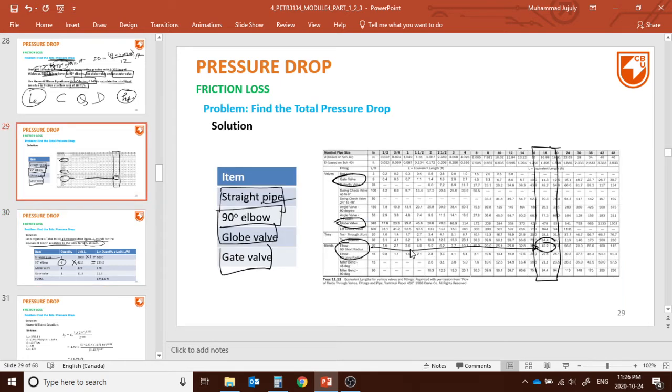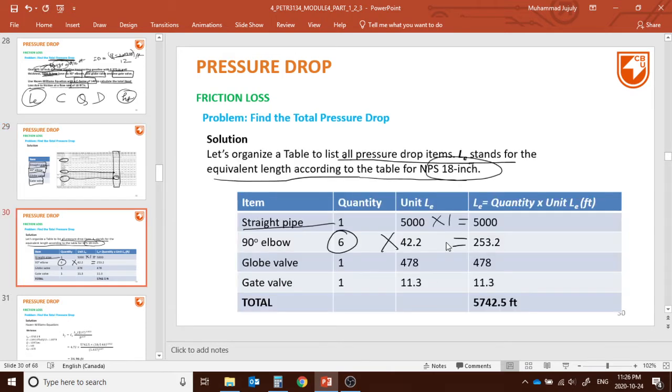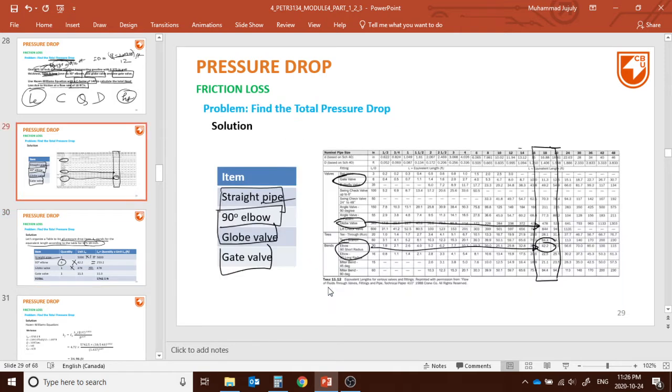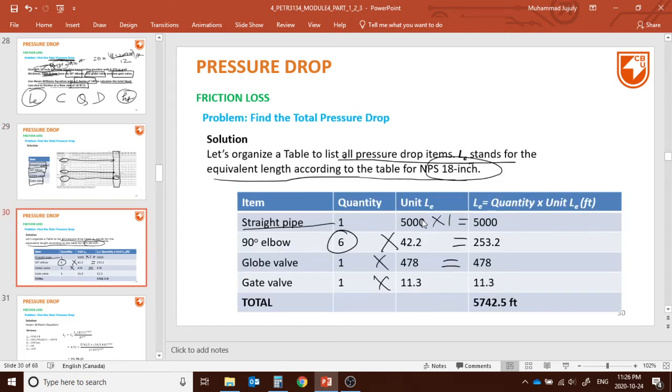And what is the value for the globe valve? Let's see. This is the globe valve. The value is 478. 1 times 478 is 478. We have a gate valve. How many gate valves? 1, and the value is 11.3. 1 times 11.3 is 11.3.